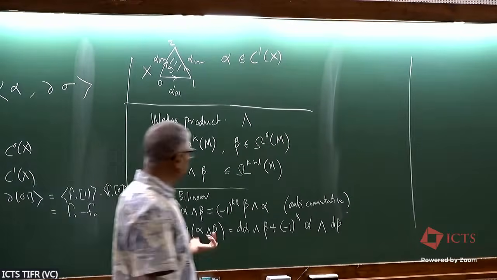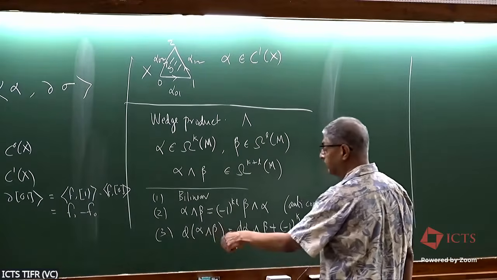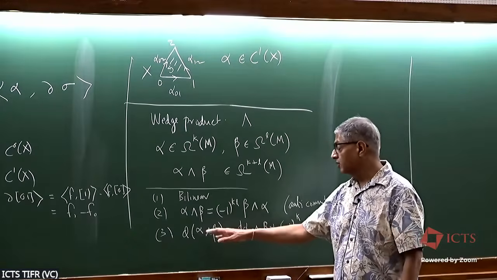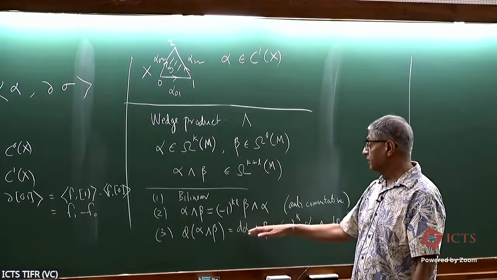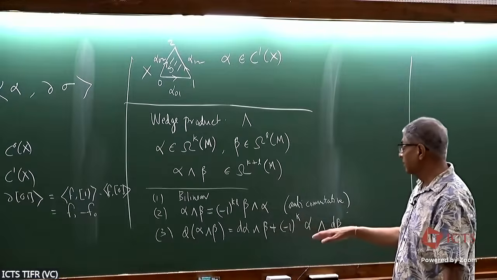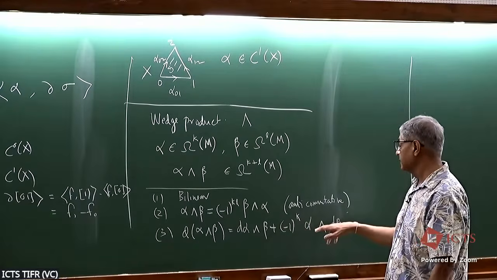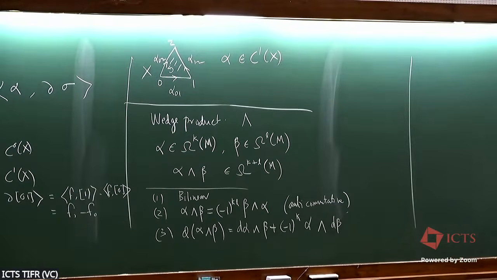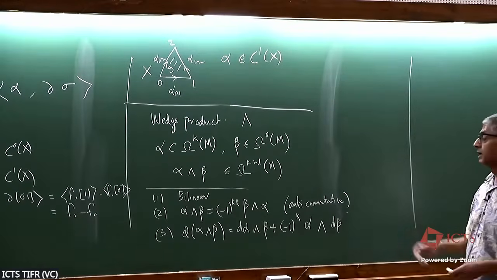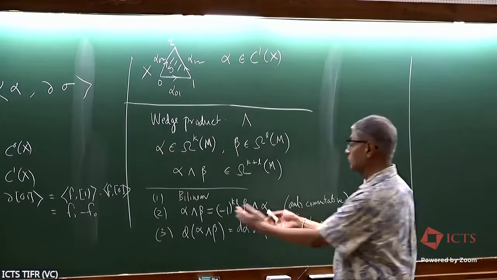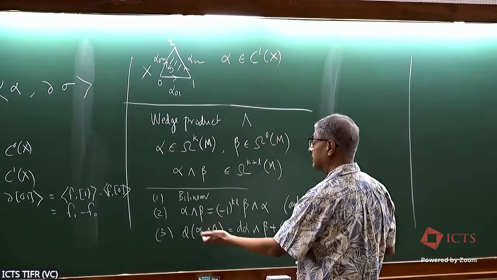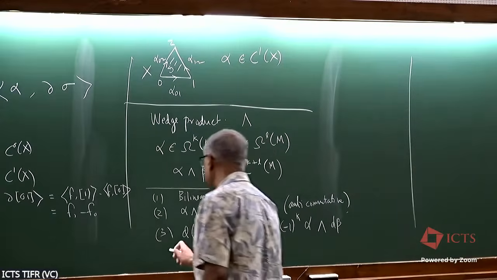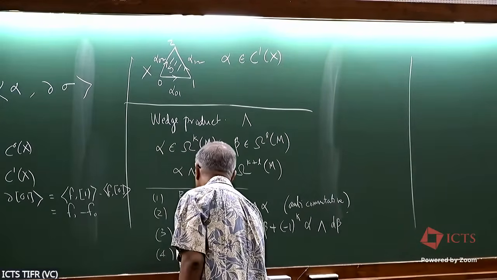If alpha and beta were both zero forms, i.e. functions, this will be your usual product rule: the derivative of a product is the derivative of the first times the second plus, since K is 0, the first times the derivative of the second. So D had better interact properly with the wedge. And then there is another property, which is associativity.